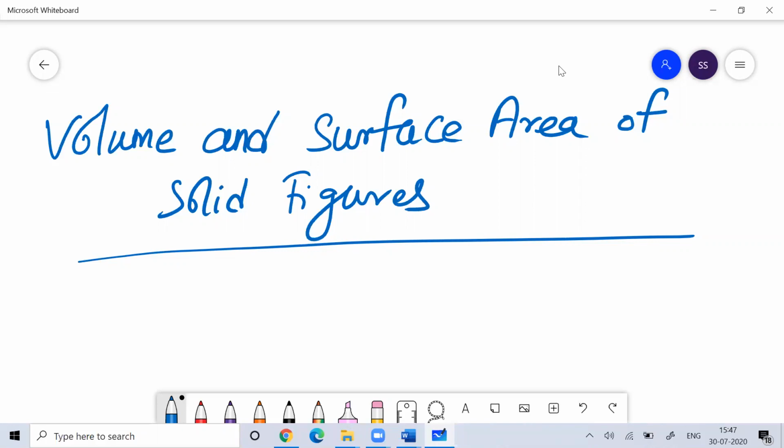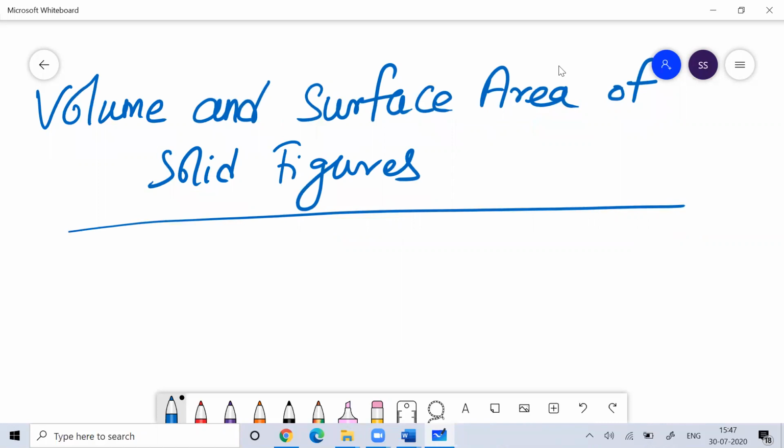So I'll first give an introduction about three-dimensional geometrical figures, which have dimensions like length, breadth, and height.